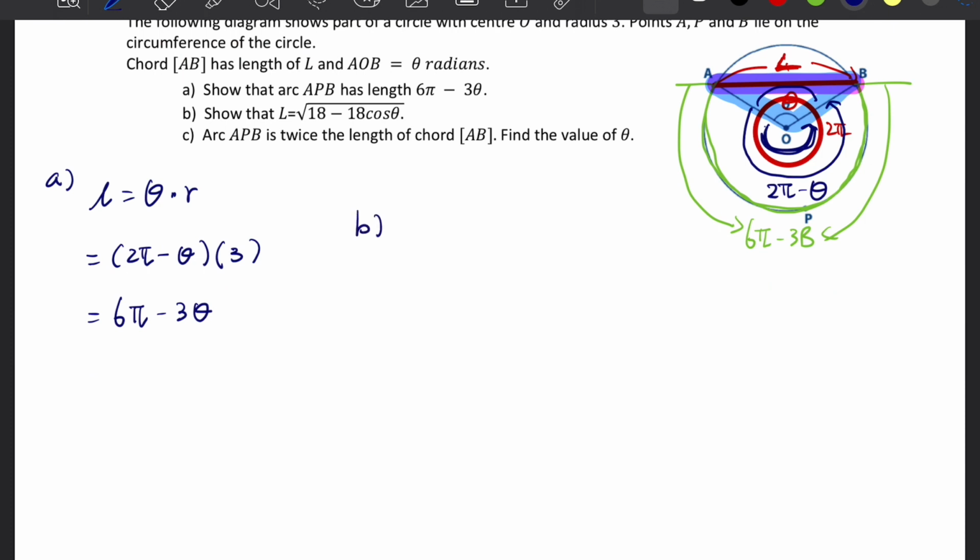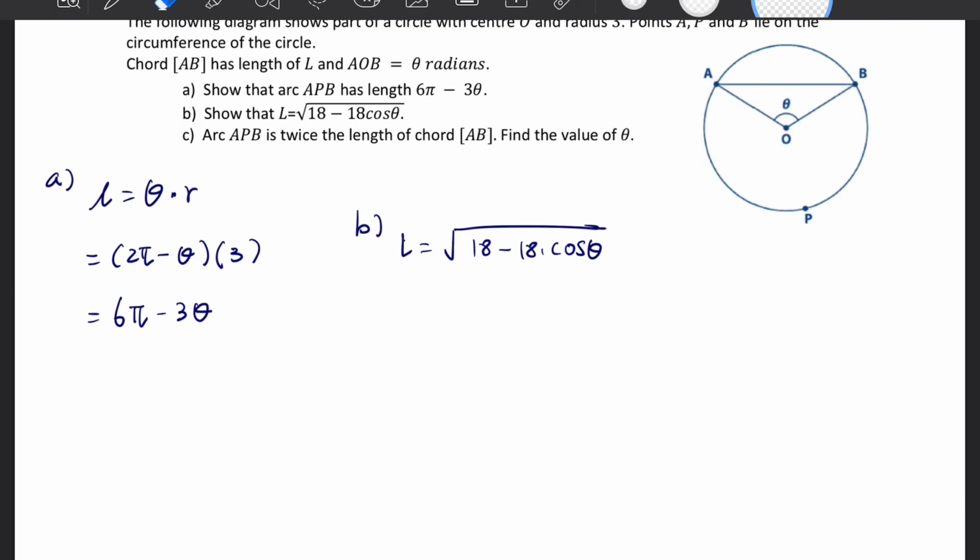Question B, we need to show that L is equal to square root of 18 minus 18 times cosine theta. So L is referring to this purple part here. Let's just clear this diagram a little bit. We know that L is equal to this line AB, so we can rewrite it like this.